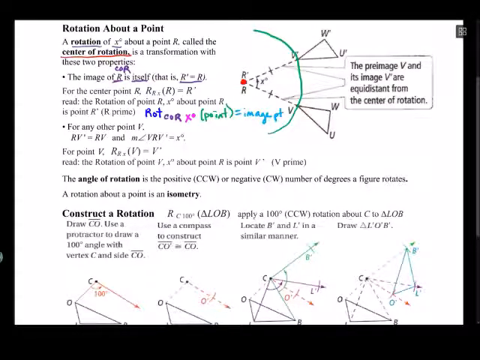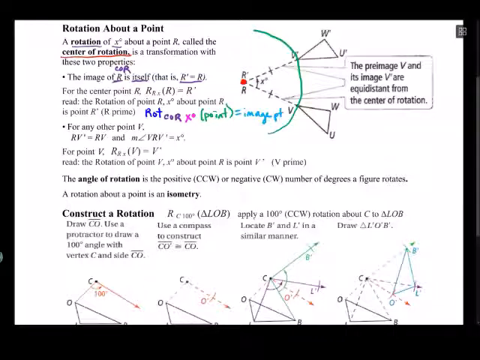So this is read: the rotation of point R, x degrees about our center of rotation R, is R prime. So that says that it is itself.